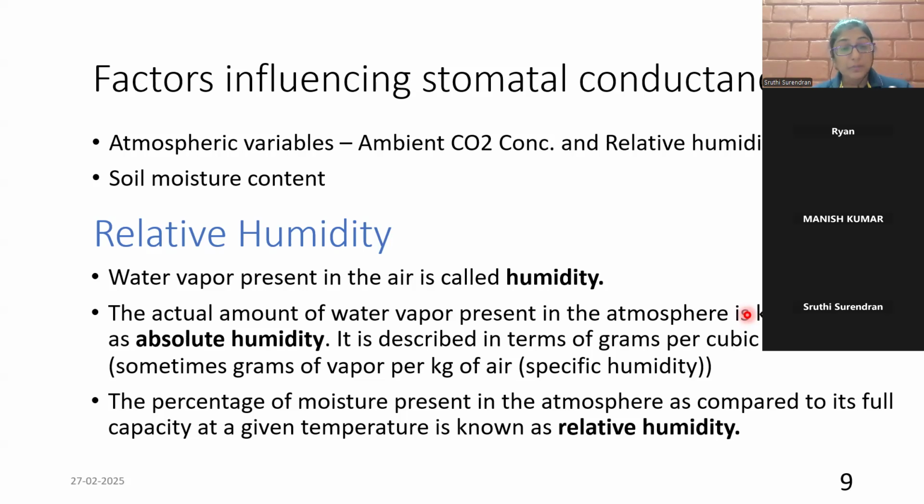Now, absolute humidity can be described in units of gram per volume or gram per kilogram or mole fraction and or units of pressure. So in our case, we are going to be dealing with mole fractions because we want to know the number of particles, the moles of particles, that are entering the leaf, because we are dealing with it at a micrometer scale of the stomata.